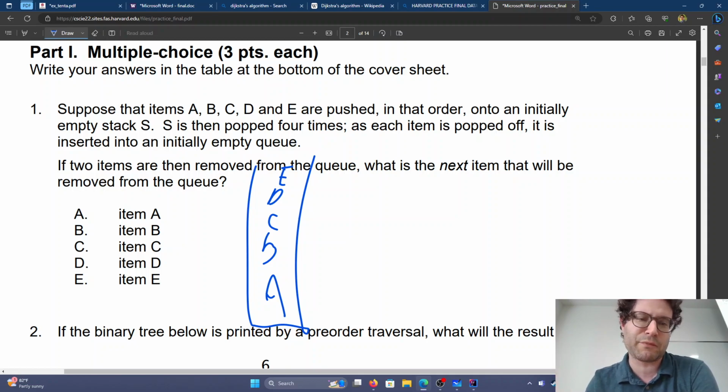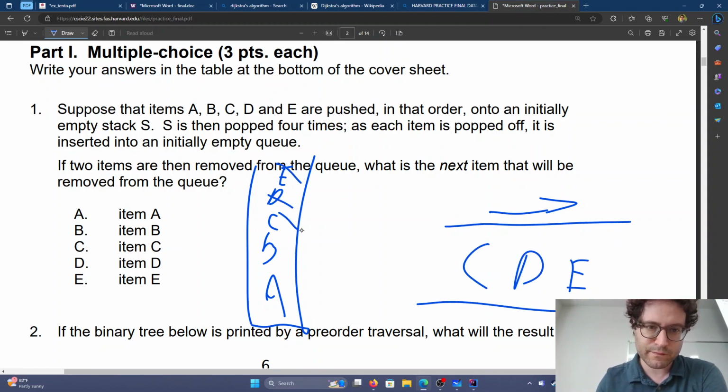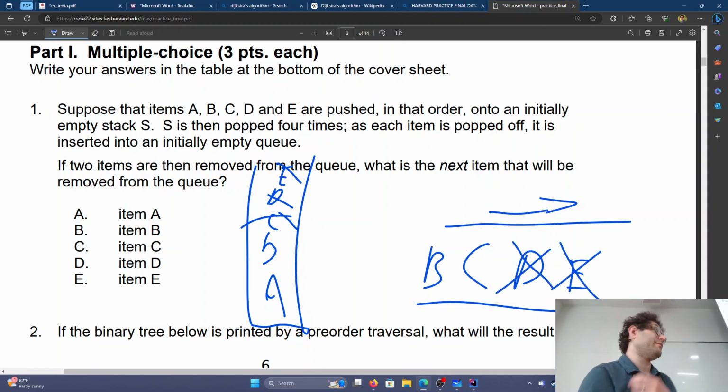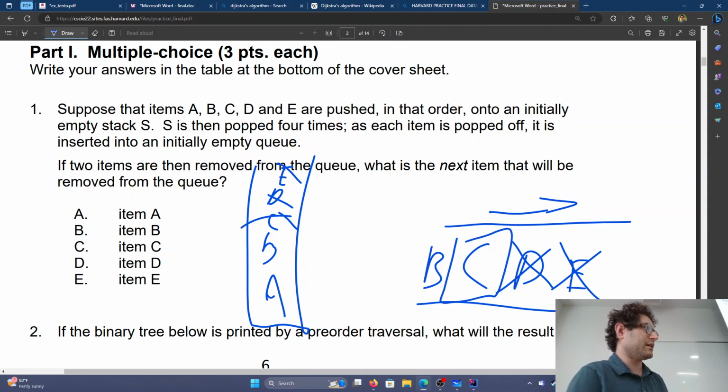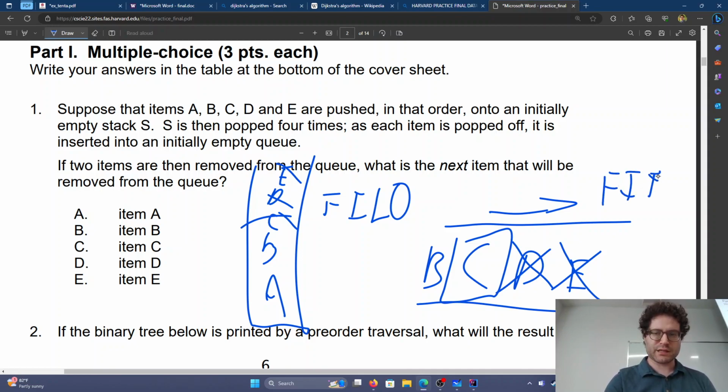As each item is popped off, it is inserted into an initially empty queue: E, D, C, B. If 2 items are then removed from the queue, what is the next item that would be removed from the queue? And the answer is C, right? Remember, first in, first out.